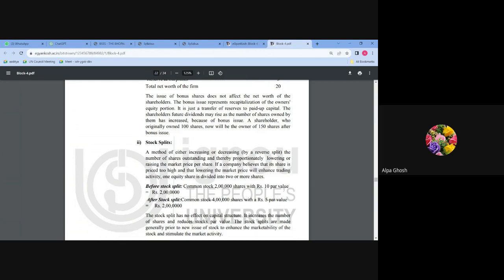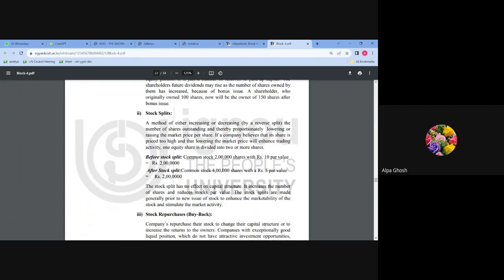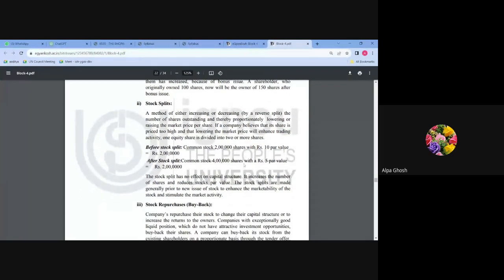Now, here's an example. Before the stock is split, you had 2 lakh shares of rupees 10 face value. So your amount is 2 lakh rupees. After stock split, what happens?